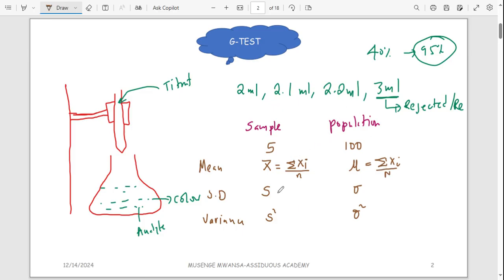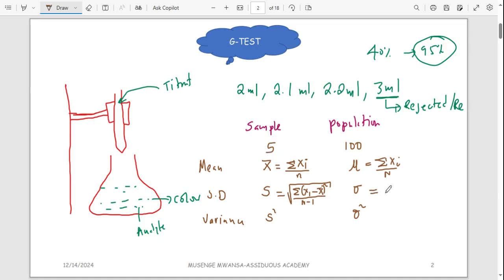And then for standard deviation, for a sample, you get the square root of the summation. You get each value x1, you subtract the mean, and then you square that. Then you divide by n minus 1. So let's say, for example, you had a sample of size 5. So it will be 5 minus 1.